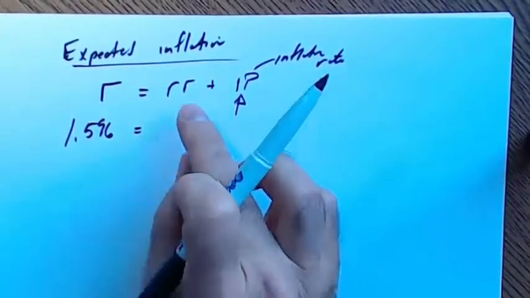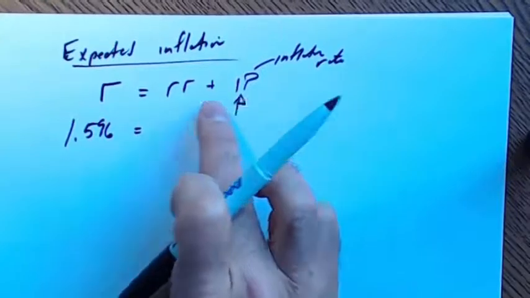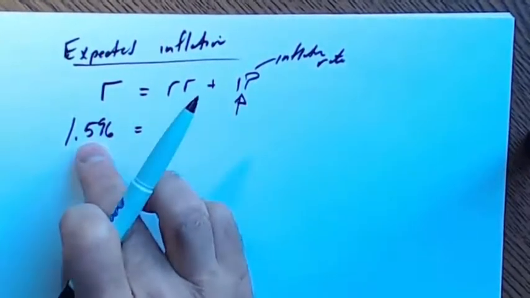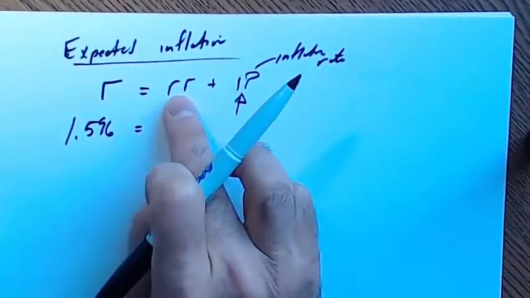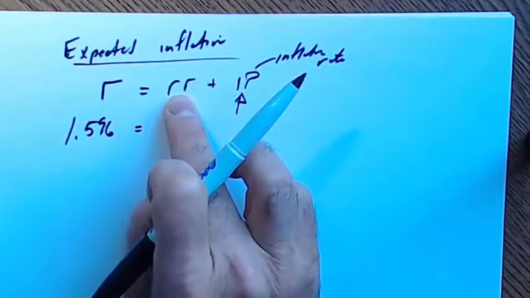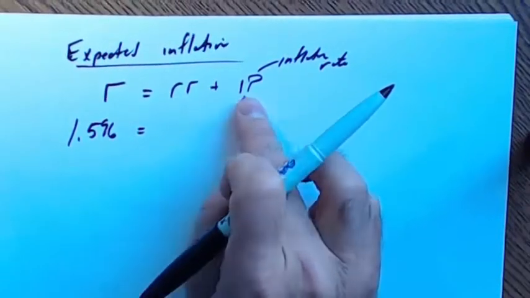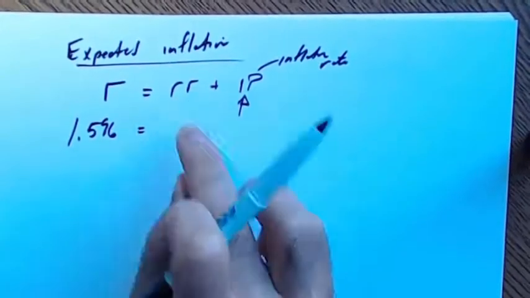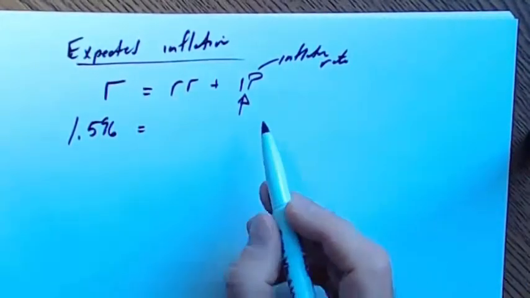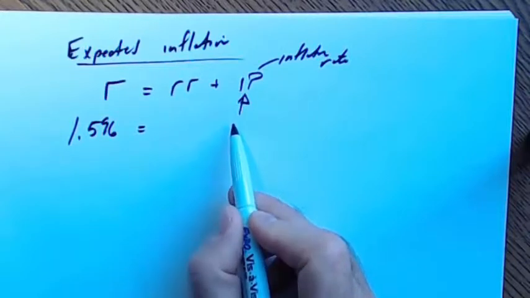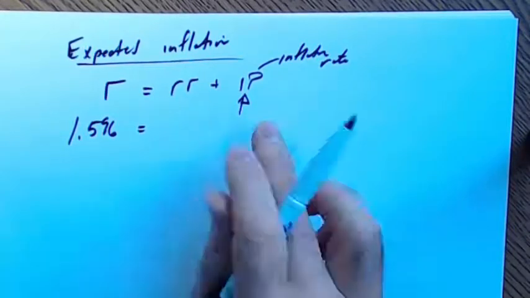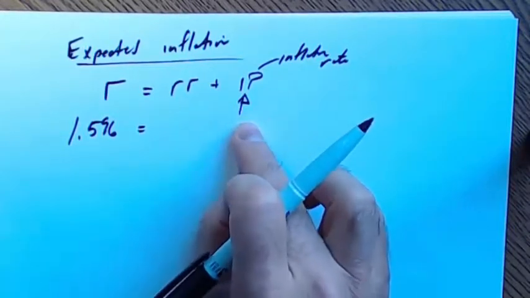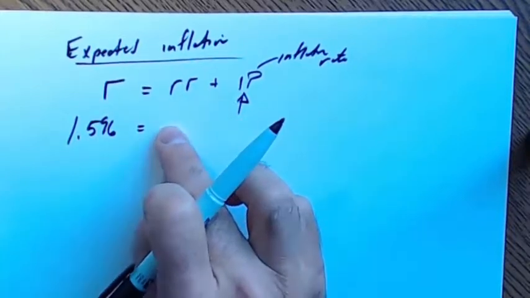Now, we don't know what the two components are, because nominal rates are decomposed into a real rate of return that allows you to gain purchasing power, and then you have an inflation premium built into it in order to keep this real purchasing power. So, for example, if inflation was expected to be 7% over the next 5 years on average, then you'd be earning a negative rate of return.